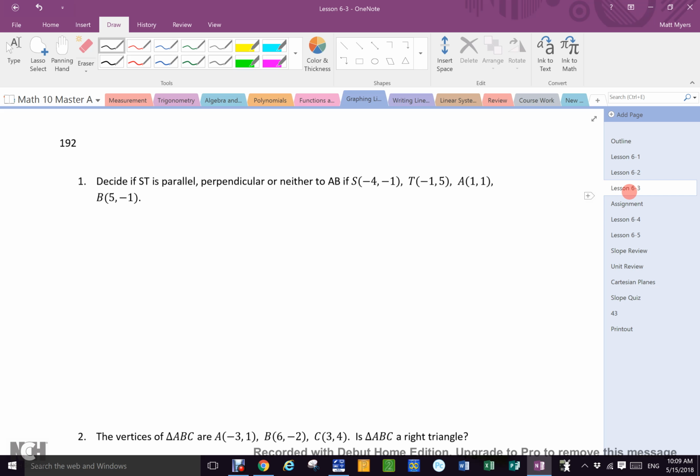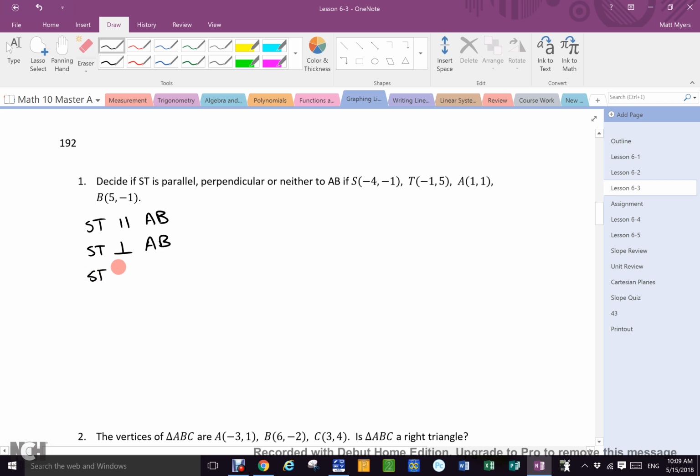Read that question nice and quietly to yourself. All right. So what are our choices? ST can be parallel to AB. ST can be perpendicular to AB.